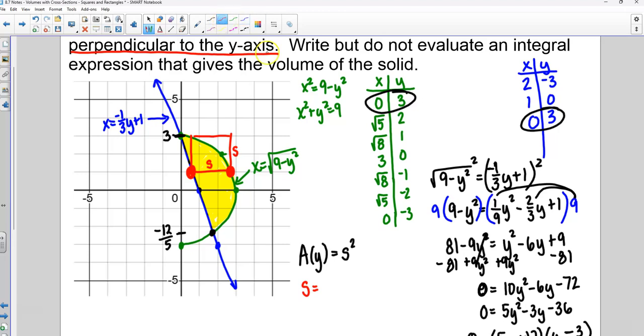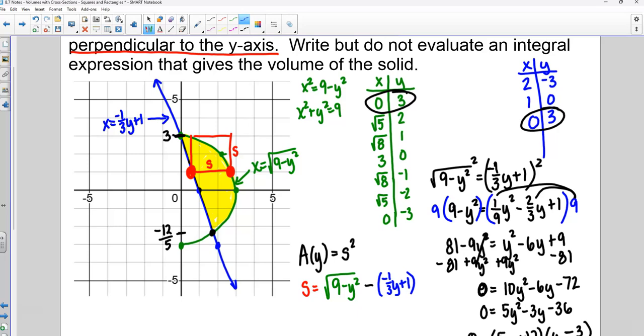So we're going to take whichever function is on the right side of S, which is the square root of 9 minus y squared. And we need to subtract whatever we get on the left side, which is, I'm going to put parentheses, negative 1/3 y plus 1. So all of that stuff is our S.